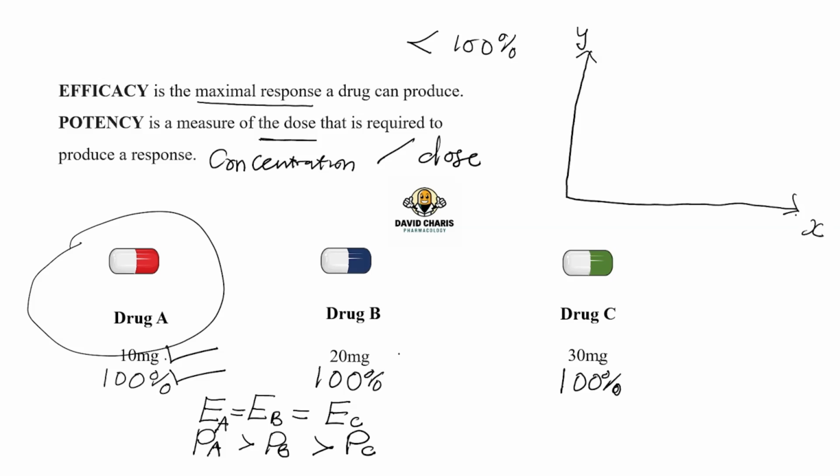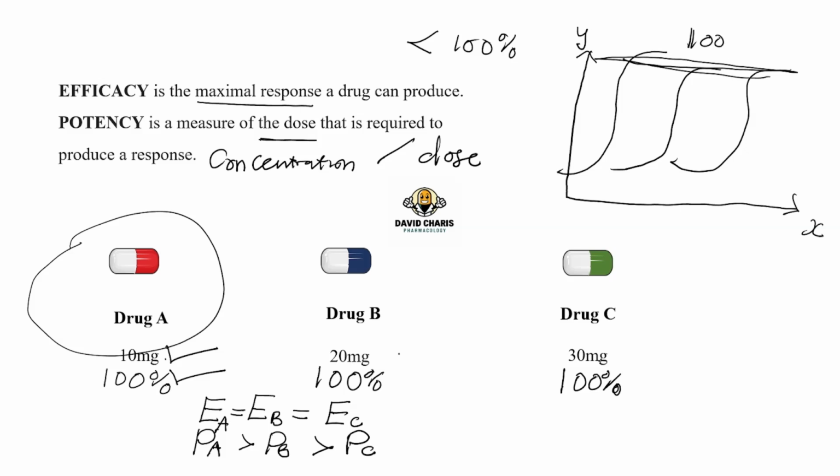Now, if I'm going to use a sigmoid curve, that means I'm going to plot this graph on a logarithmic scale. I will have a sigmoid curve, and let's say this is for drug A, this is for drug B, this is for drug C. As much as possible, I'm trying to make them of equal efficacy. They have 100% efficacy.